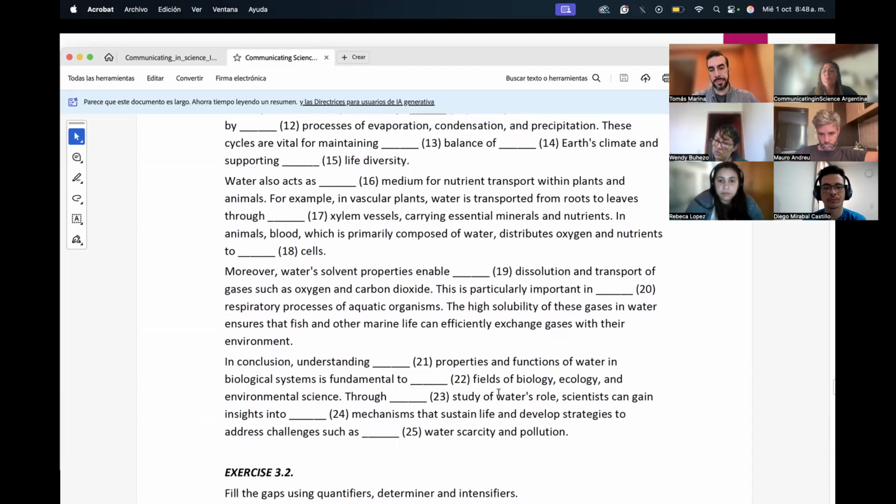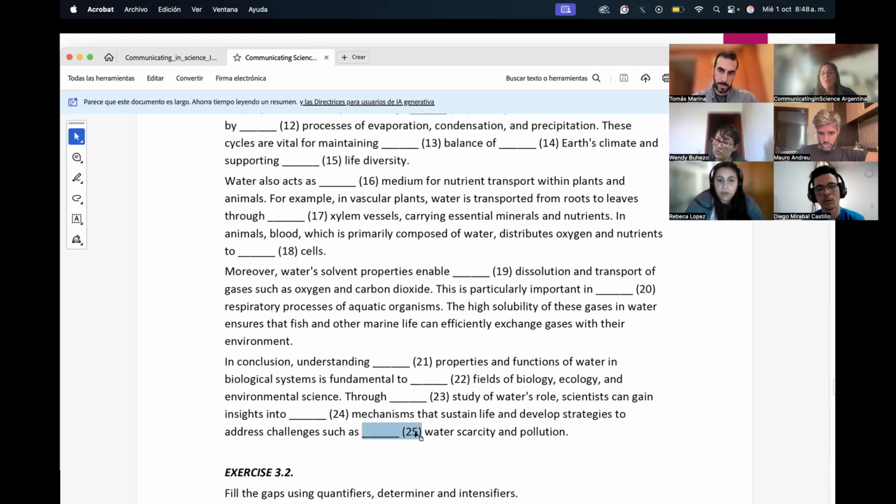Through the study of water's role, scientists can gain insights into the mechanisms to sustain life and develop strategies to address challenges such as water scarcity and pollution.